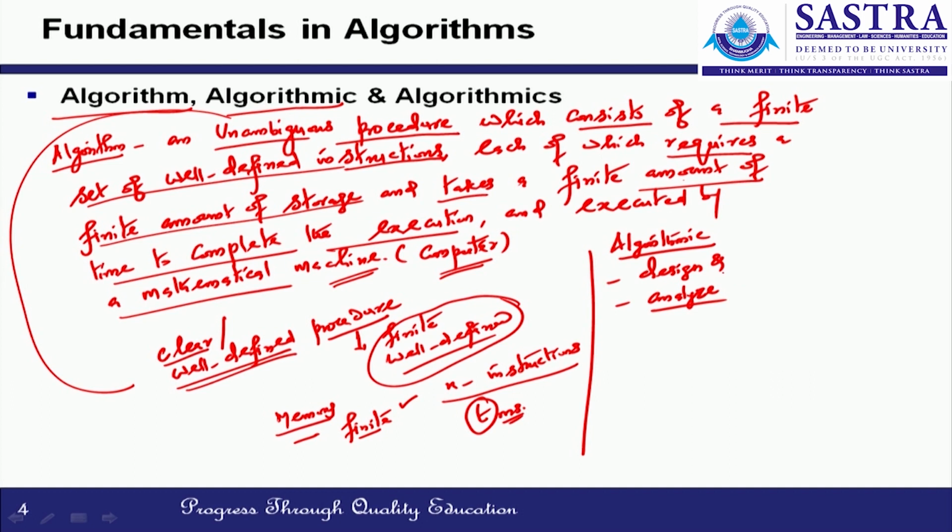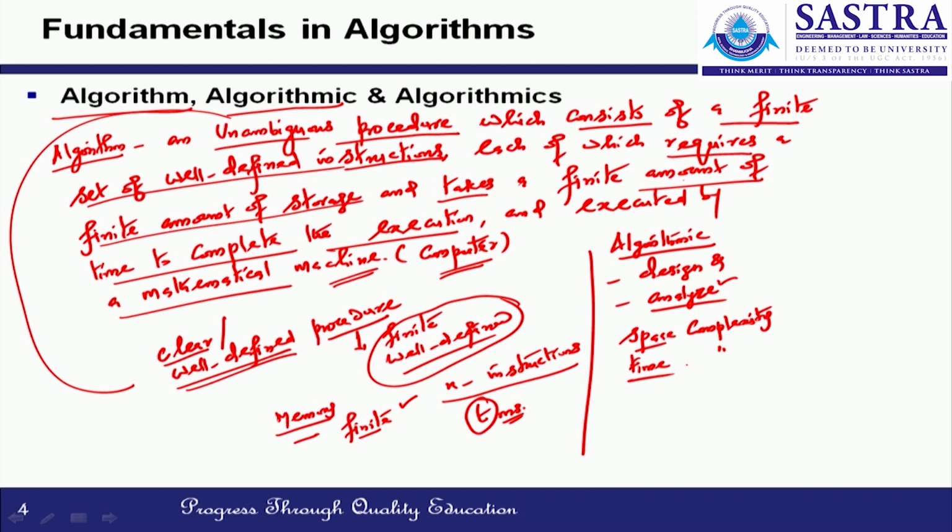Analysis: how to analyze the algorithm. We need to find out how much storage capacity is required, that means the space complexity, and how much time complexity is required. Space complexity defines how much computational space or memory is required to run the algorithm.